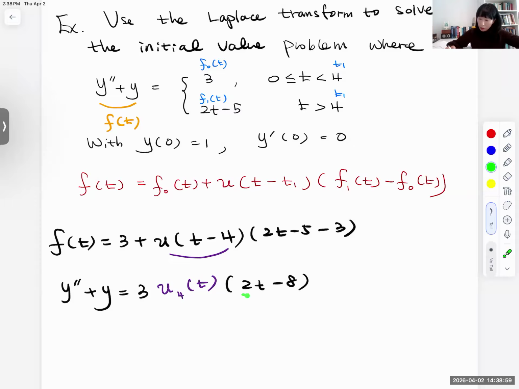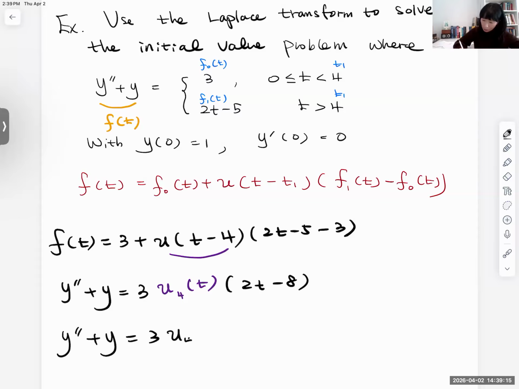Look, 2 is a common factor, so we factor 2 out. Then we get t minus 4. So let's make that y second prime plus y equal to 3 times u sub 4t, and then 2 out, t minus 4.